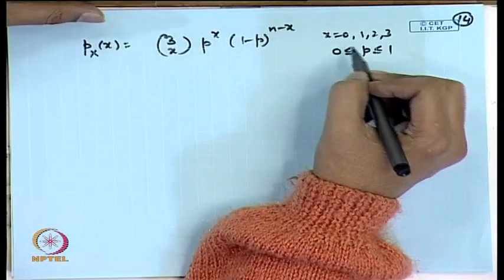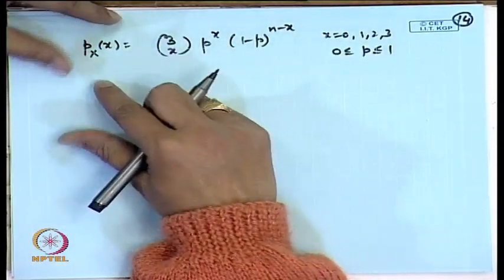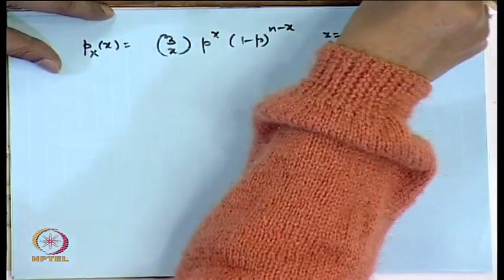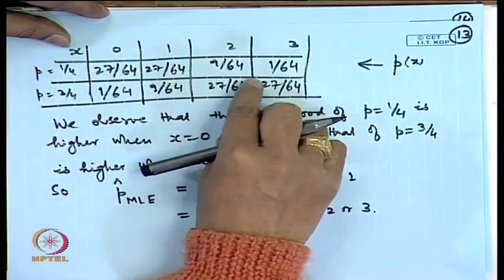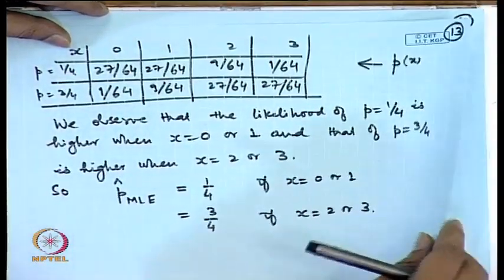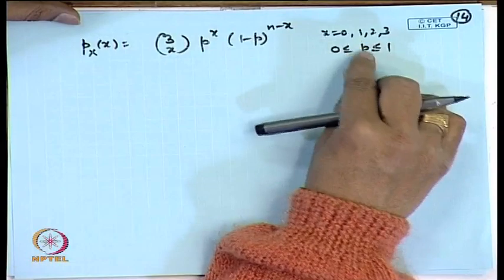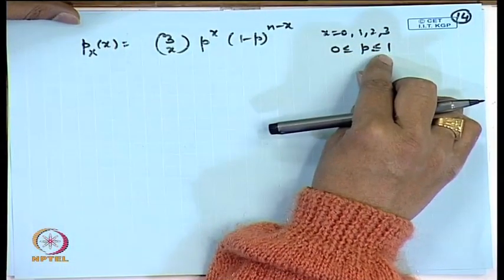So, naturally now the problem is more complicated. I cannot make a table of this nature for all values of p, because there are uncountably many values of p in the interval 0 to 1.